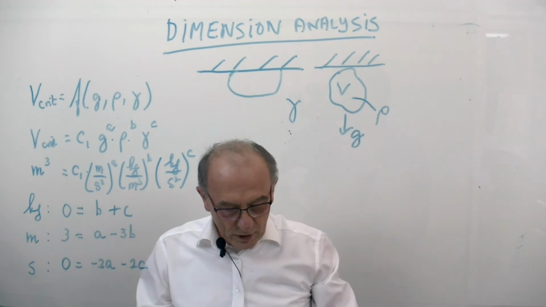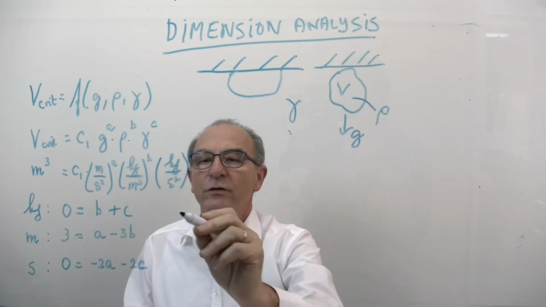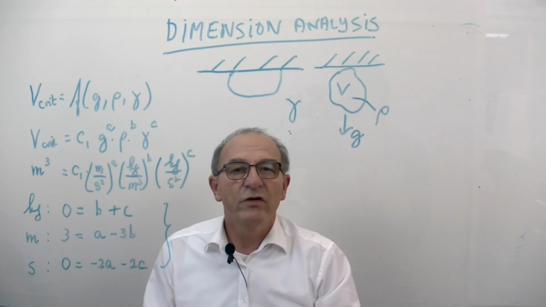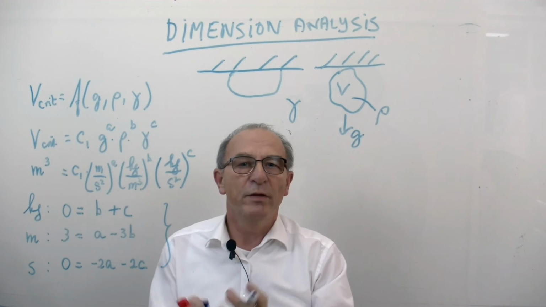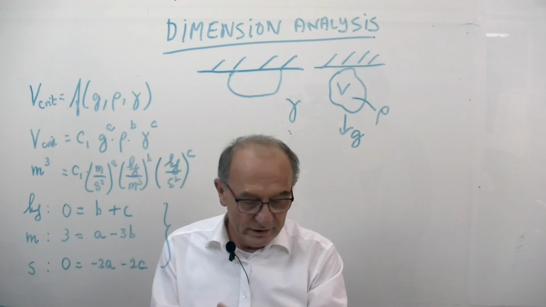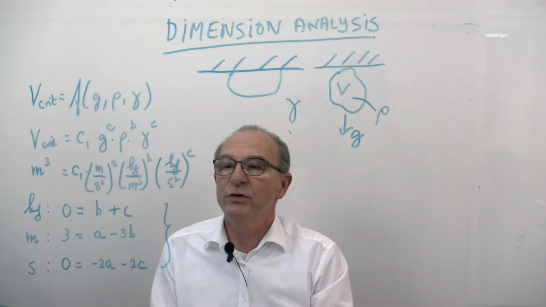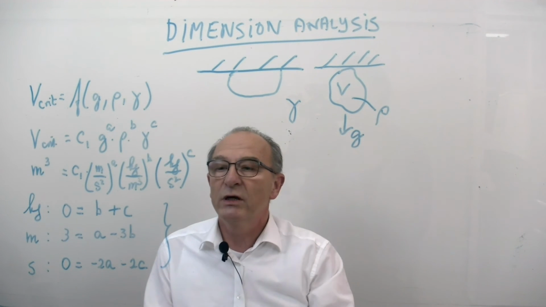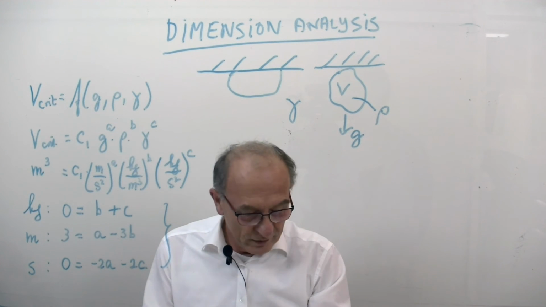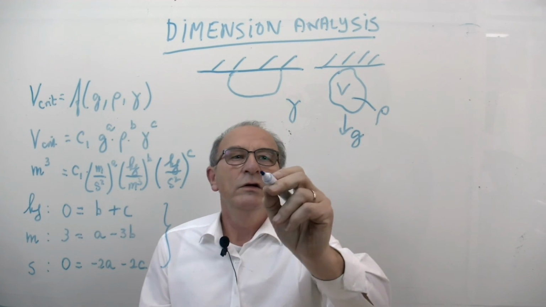Well, if you combine this, you now have three equations with three unknowns. Sometimes you have many more variables than equations, so you get more dimensionless groups. But in this case, in principle, you can solve the whole problem, because you can now derive a value of A out of this. If you do this, you get the following.